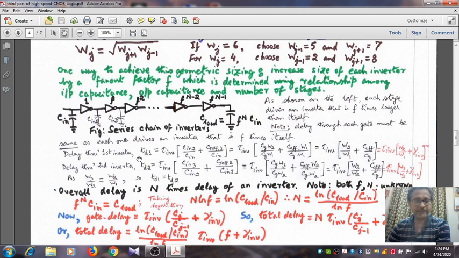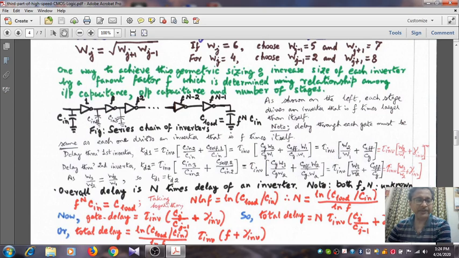Just see, delay through the first inverter TD1 equals tau inverter into fan out factor plus gamma, so it is tau inverter into W2 by W1 plus gamma inverter, correct? Whereas the delay through the second inverter is TD2 equals again tau inverter into W3 by W2 plus gamma inverter, right? So as W3 by W2 equals W2 by W1, obviously TD1 should be TD2.